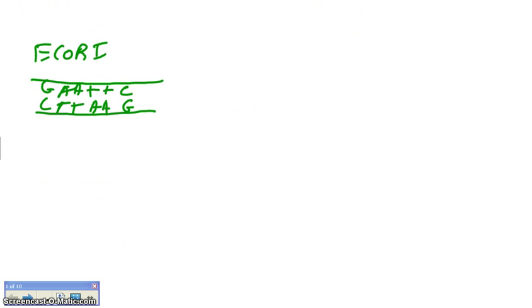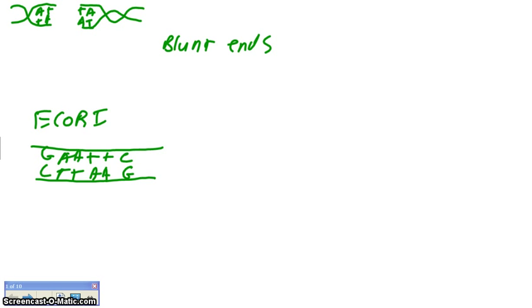It'll do something different. It's not going to produce blunt ends. It's still going to cut, but not produce blunt ends. It'll cut the sugar phosphate backbone right here between this G and this A, and then cut the sugar phosphate backbone right here between this G and this A, and then it'll cut these hydrogen bonds right here.